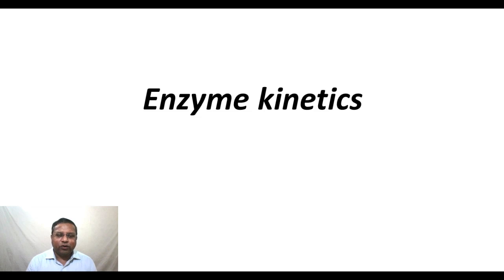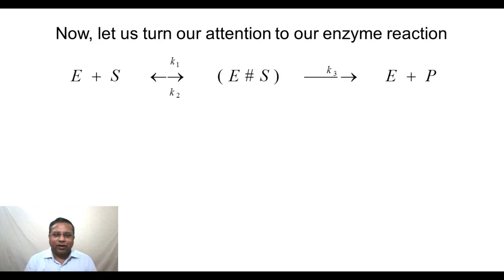So we will look at enzyme kinetics predominantly in this particular lecture. Let us make things as simple as possible. Let us see how an enzyme reacts to form the products, how the product is made in the presence of an enzyme, how the enzyme mediates the process, how it gets involved in the process.